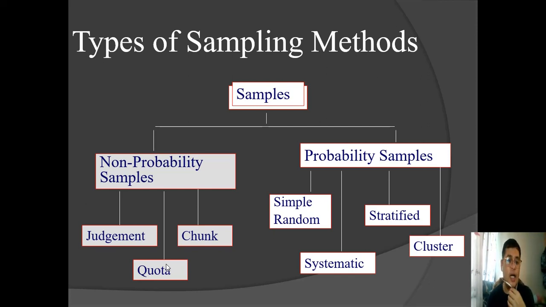Okay, so that's under non-probability samples. While probability samples naman, simple random, we have systematic, stratified, and cluster sampling method. So definitely, there are differences when it comes to non-probability and probability sampling method.